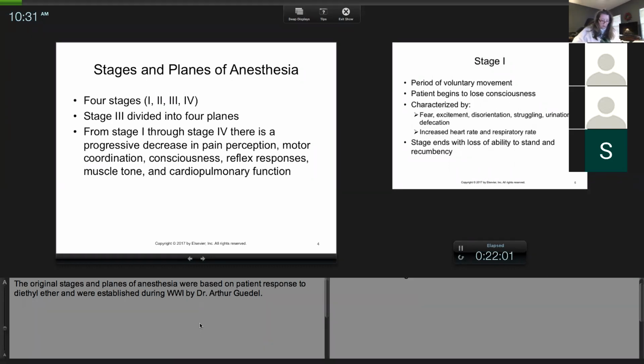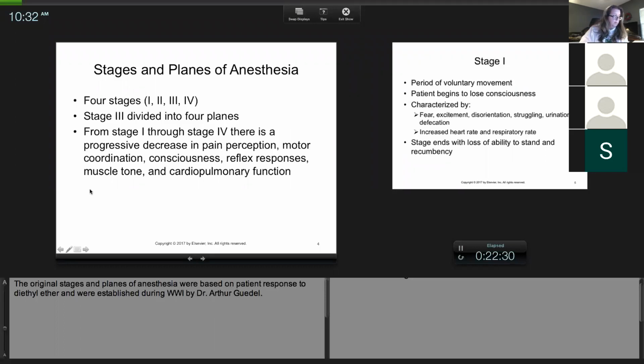We're going to talk about where we want to be. There are 4 stages of anesthesia. Stage 3 is split into 4 planes: stage 3, plane 1, plane 2, plane 3, and plane 4. So within stage 3, there are variations that we're going to look at.